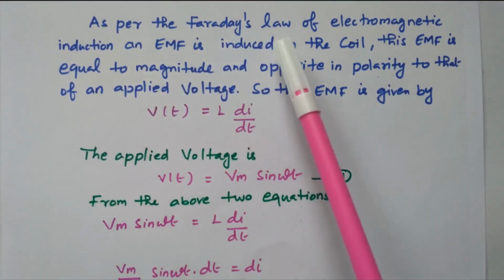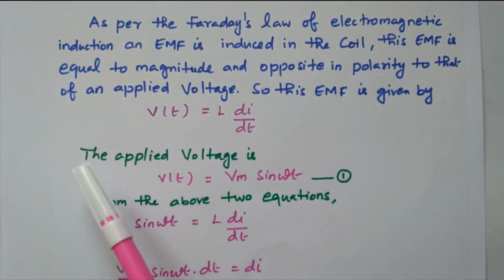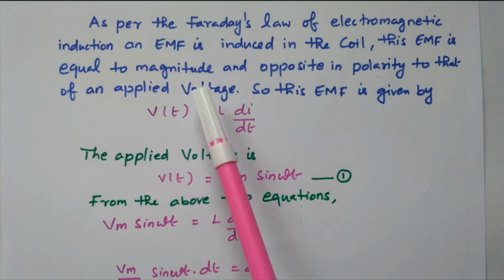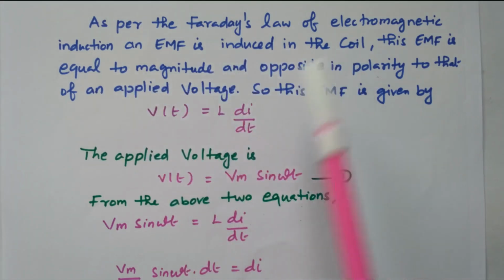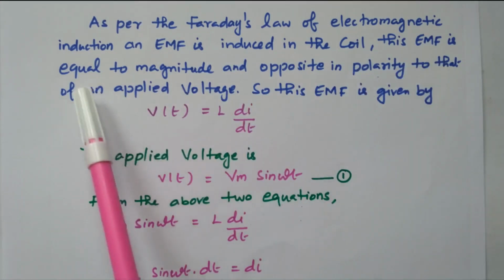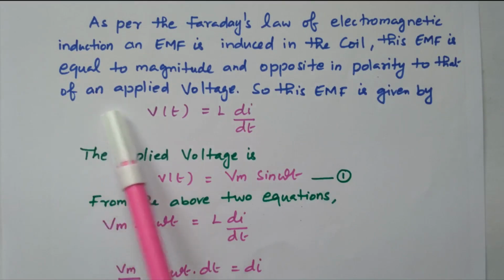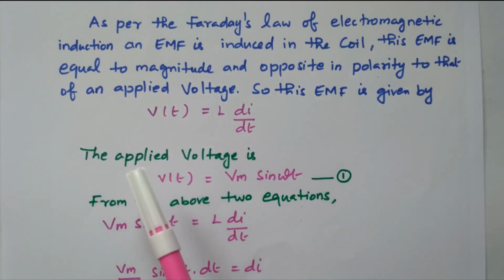As per Faraday's law of electromagnetic induction, an EMF is induced in the coil when the alternating voltage is given to the inductor, and due to the rate of change of flux, EMF is induced in the coil. This EMF is equal in magnitude and opposite in polarity to the applied voltage. So both are opposing each other.